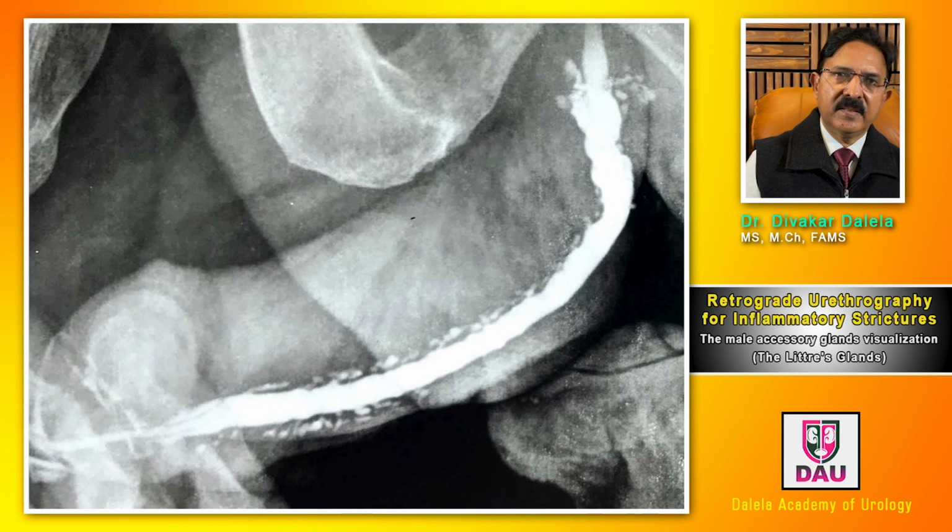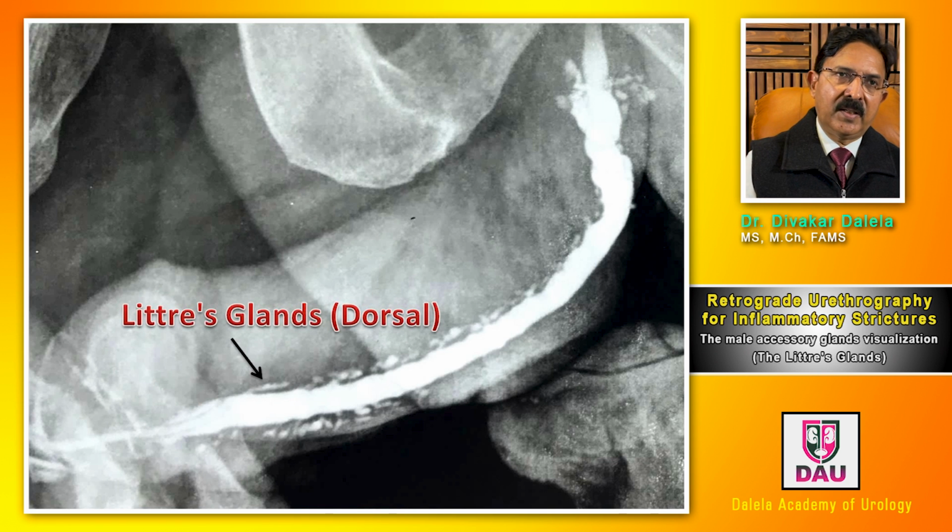If you see this inflammatory urethral stricture case and the urethrogram film, and if I were to ask you what you see in terms of the visualization of male accessory urethral glands, you will see that dorsally there is a set of glands opening in the urethral lumen. These are dorsal Littre's glands.